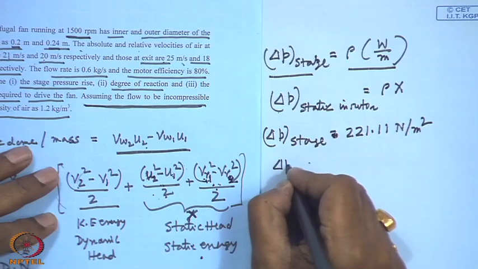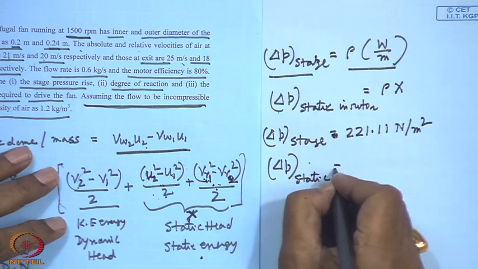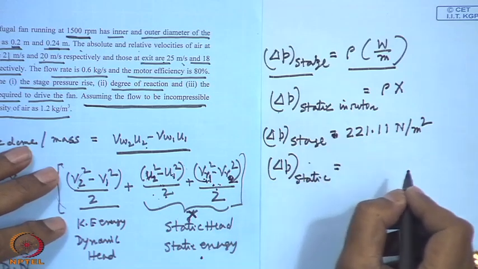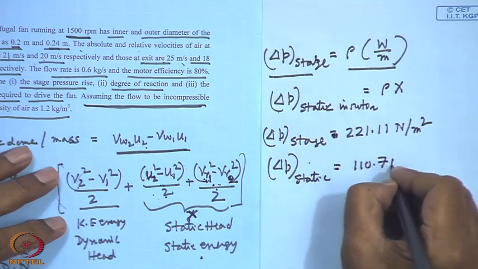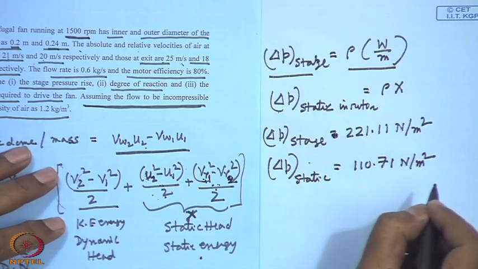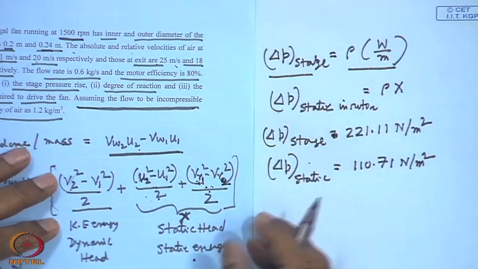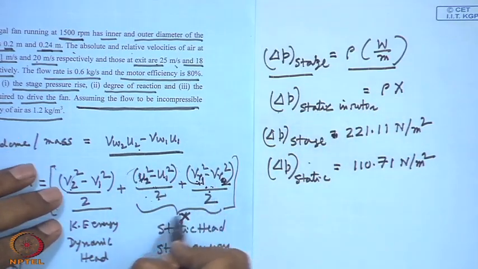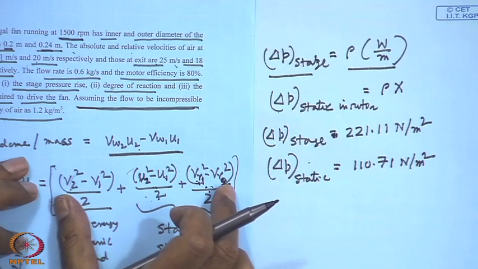and delta P in rotor or static pressure rise, that is static pressure across the stage is 110.71 Newton per meter square. Now, here this delta P static divided by total one, this is the static pressure rise in the rotor and this is the total pressure rise, this is the total energy given. Okay.